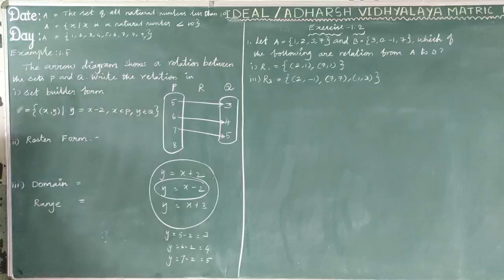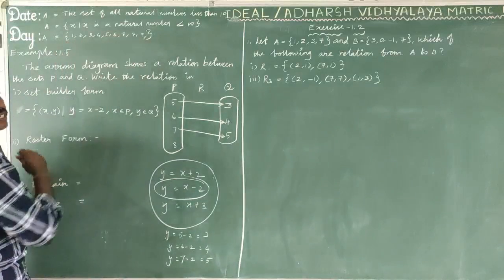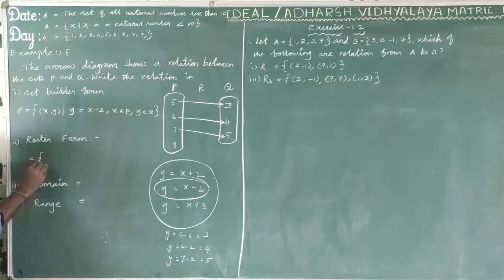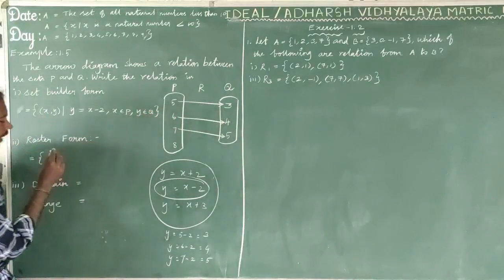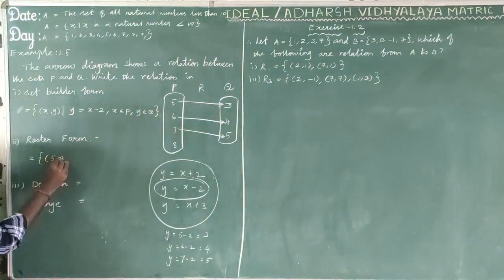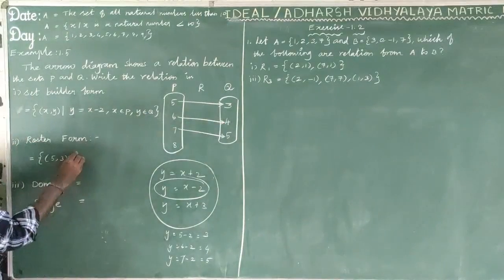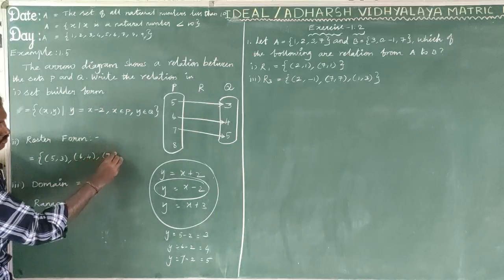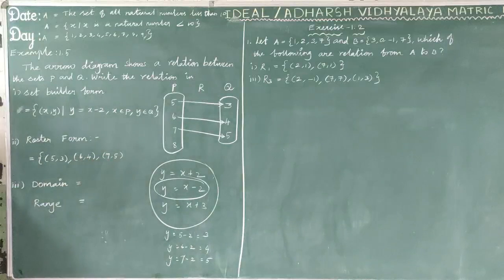Next one, roster form. In roster form, R is equal to {(5, 3), (6, 4), (7, 5)}. That's all.